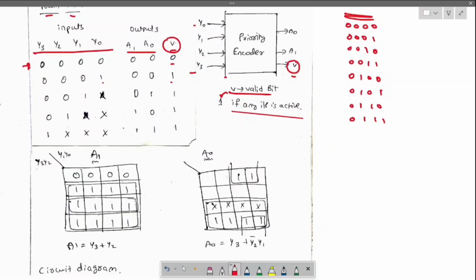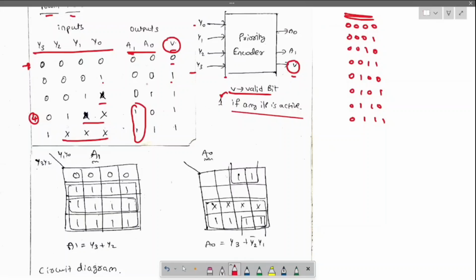Now when you observe, what is this x? The x are don't cares, either 0 or 1. In this scenario we are taking it as 1. Now a1 is 1 from here onwards, so it starts from 4.